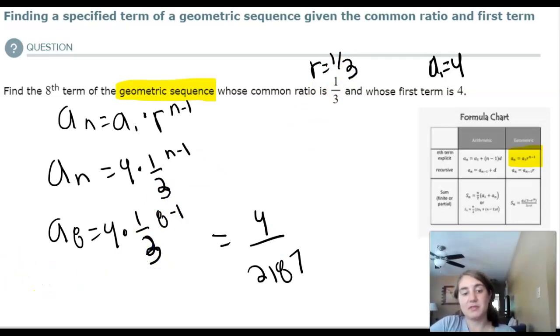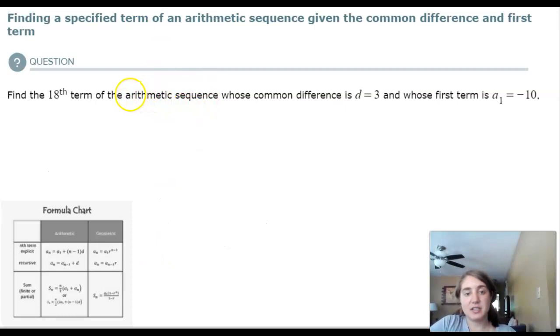My bad. So if I look at this similar idea, I have a geometric sequence whose d is 4, or d is 3, and a1 is -10. So, or an arithmetic, I'm going to use this first equation if you're going off your chart.